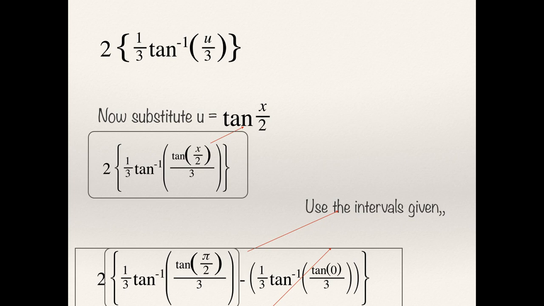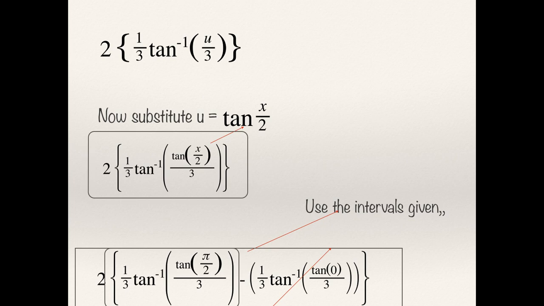When you substitute x at pi, you'll get tan pi by 2 by 3, and tan 0 by 3. Tan 0 is equal to 0, and tan inverse of 0 is also 0, so this term will be cancelled out.